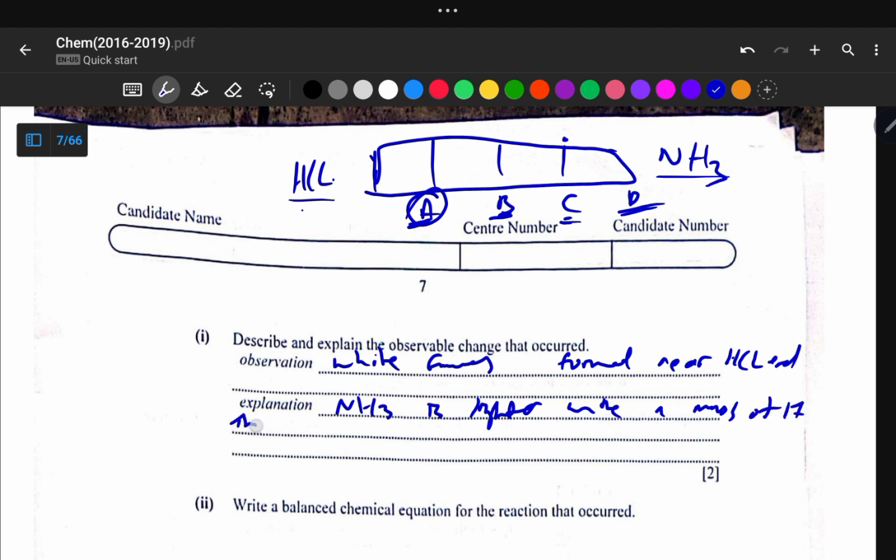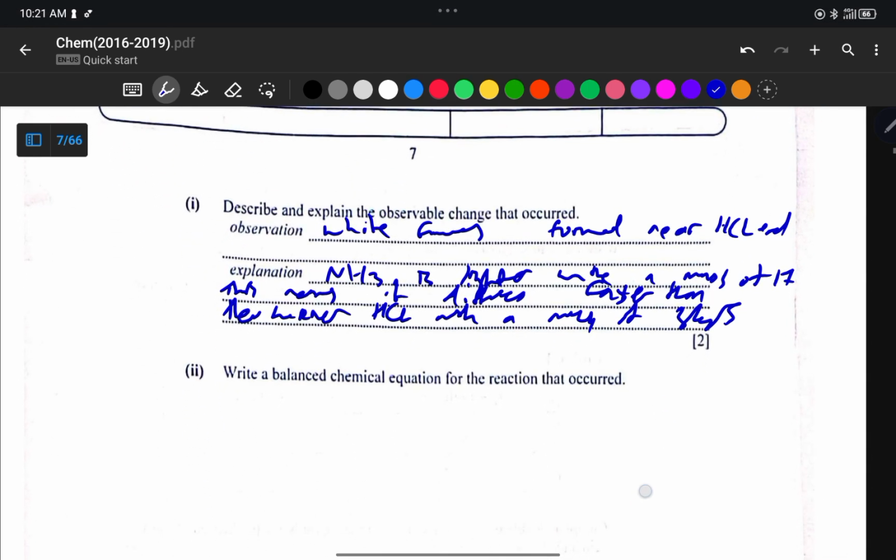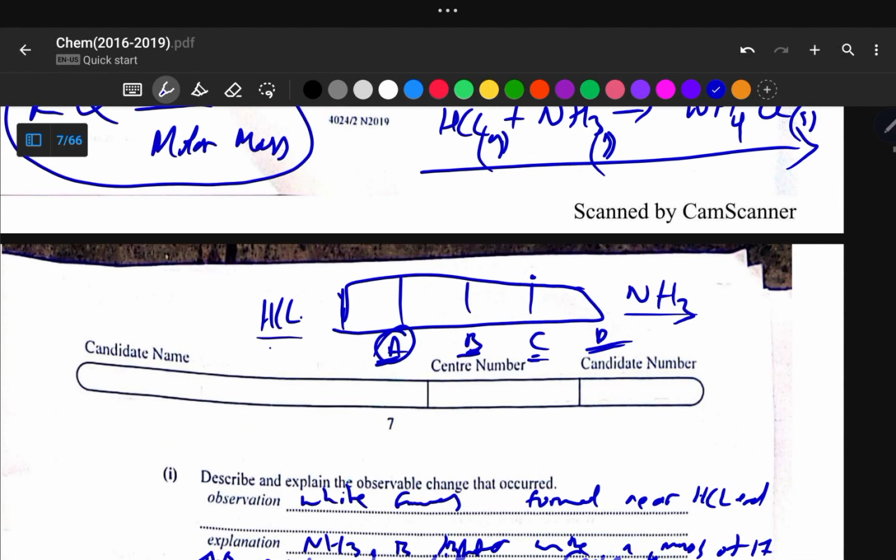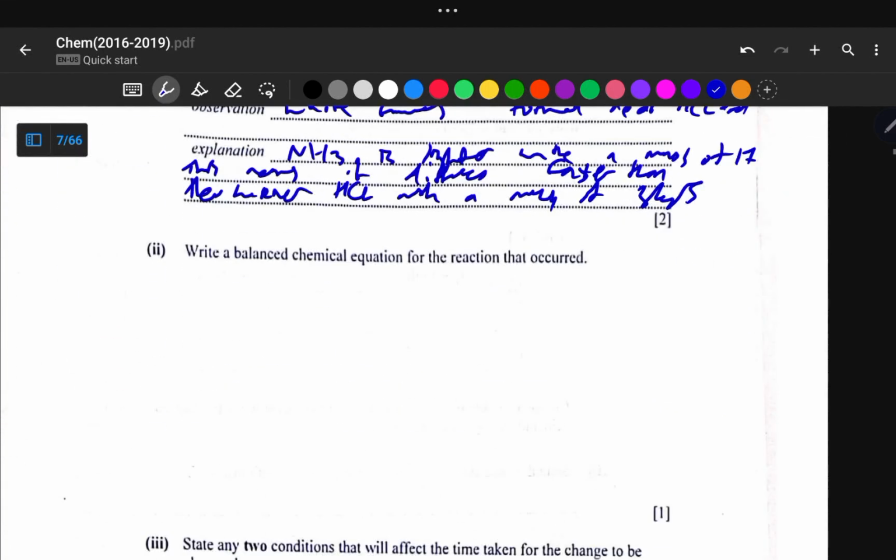So this means it diffuses faster than the HCl with a mass of 36.5, right? So this is the explanation. And also to write the equation, this is the equation, right? So we have done that part.